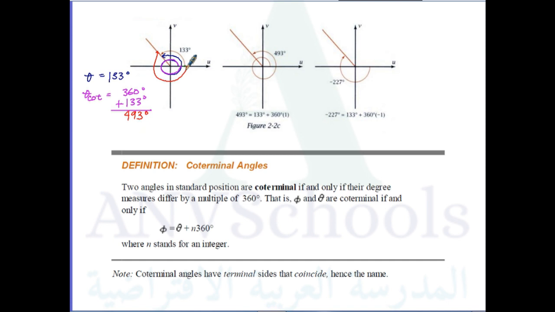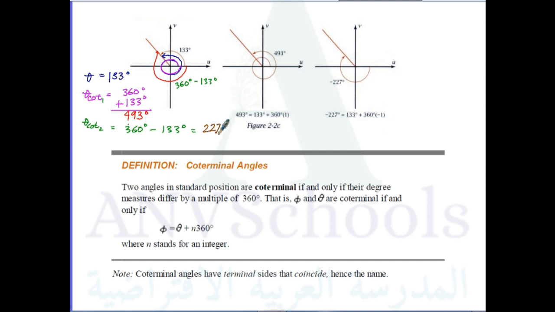So this is theta coterminal 2, which is 360 degrees minus 133 degrees. That would give us another coterminal, which is 227 degrees.